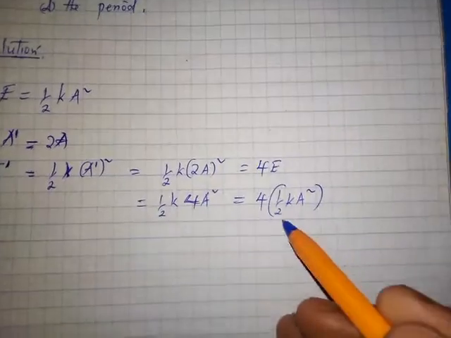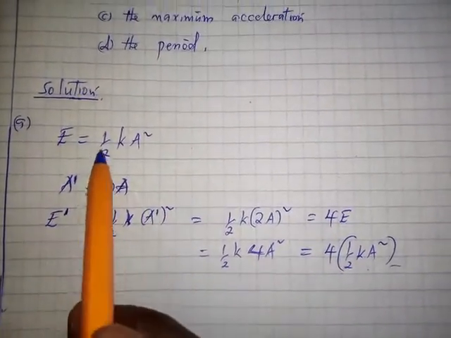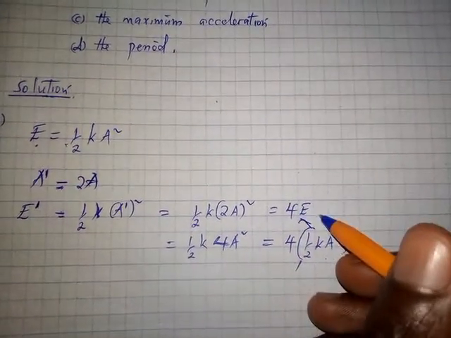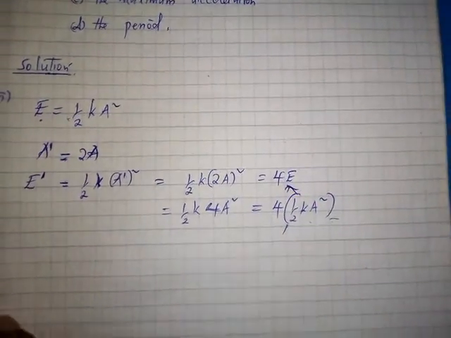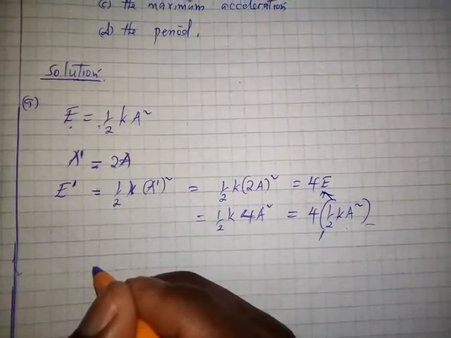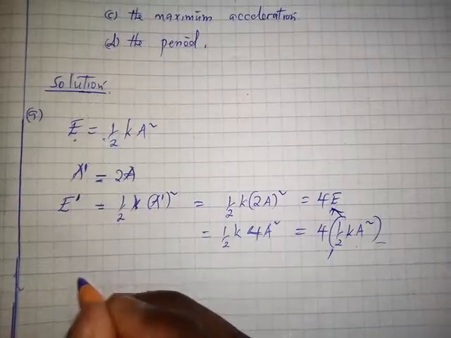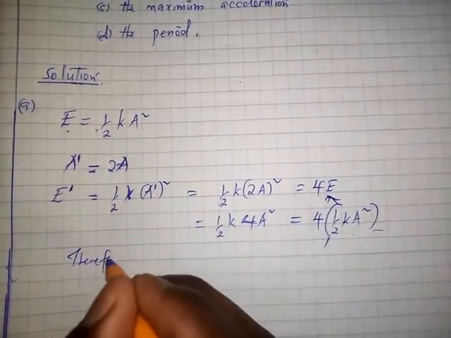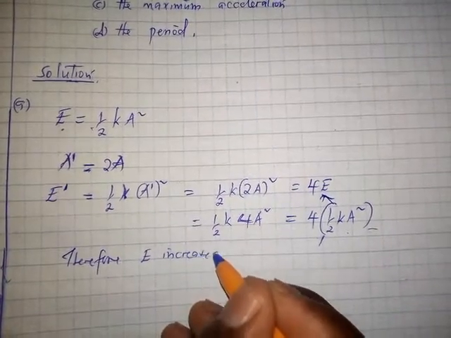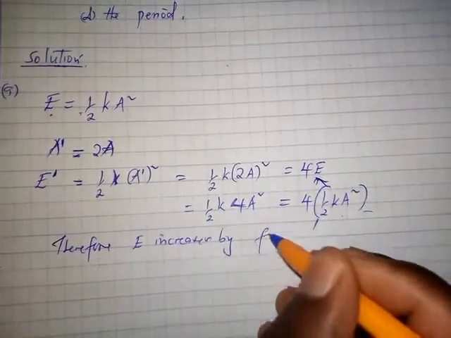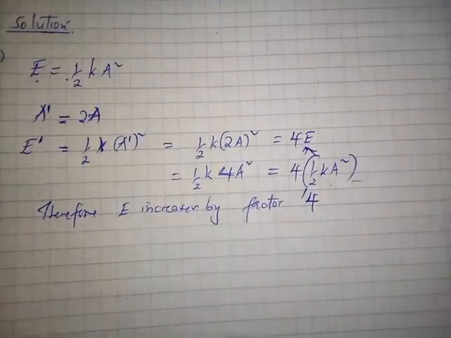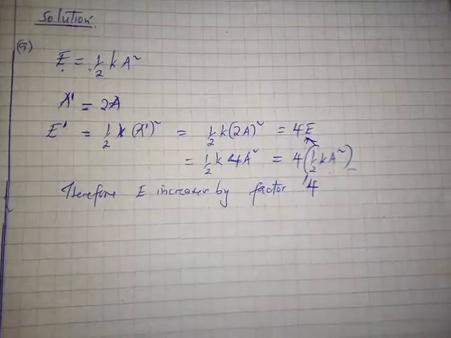But remember, a half K A squared is our E, so it becomes 4E. So when the amplitude is doubled, E increases by a factor of 4. Hope we're together up to that point.